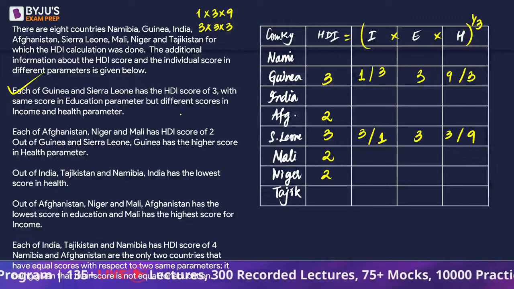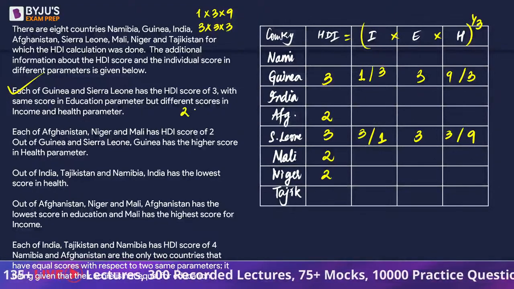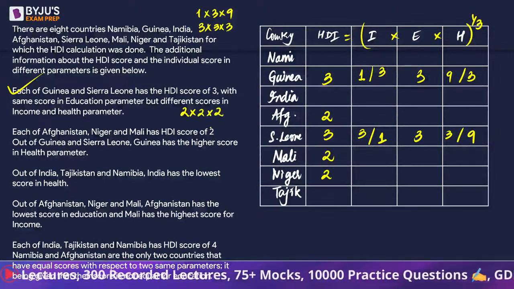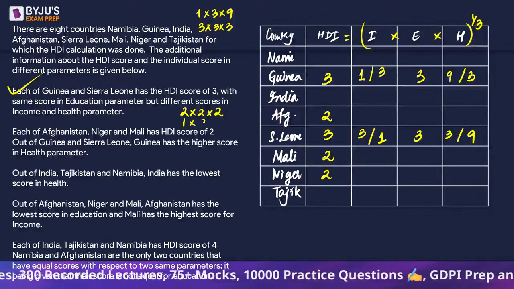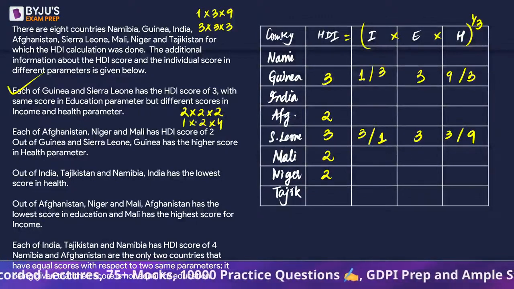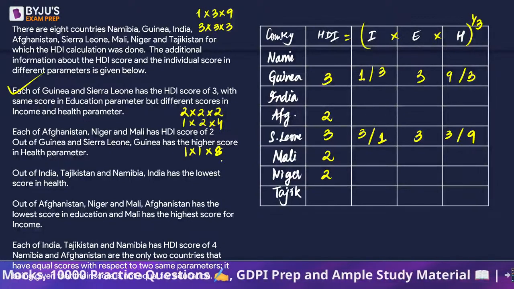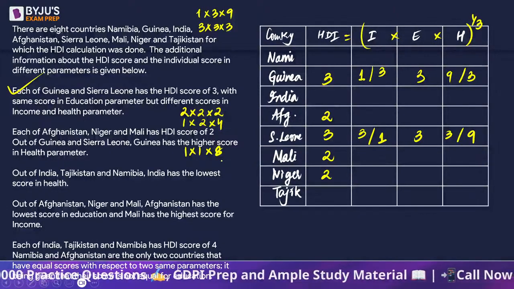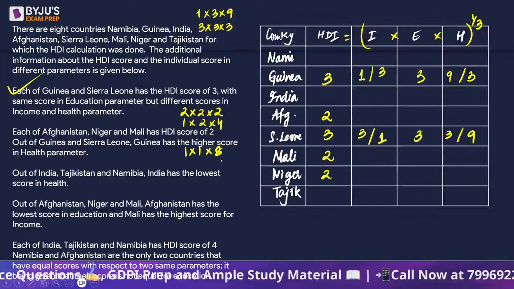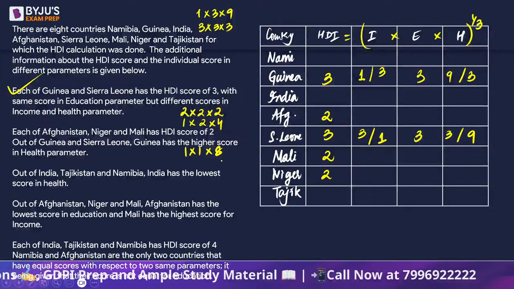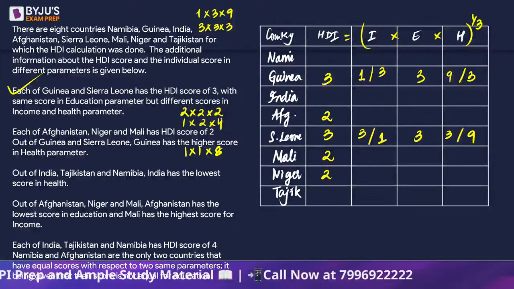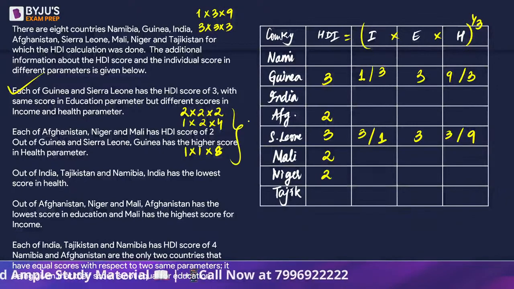How can we write 8? So 1 to 8 banega 2 into 2 into 2 se. Another 8 we can form is 1 into 2 into 4. And another 8 we can form is 1 into 1 into 8. Did we miss anything? No. Ye possibilities hain. Right? So this is for those jinka SDI score 2 hai.